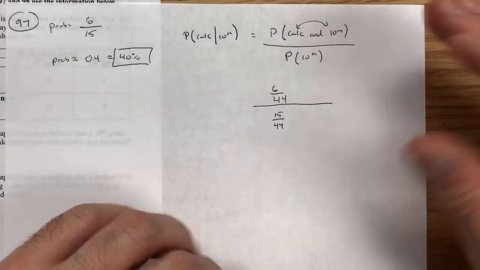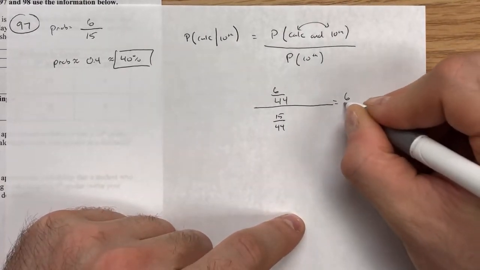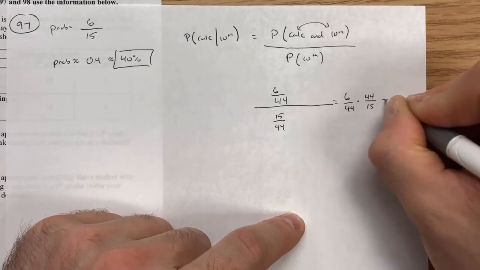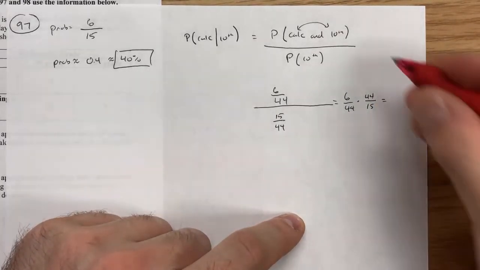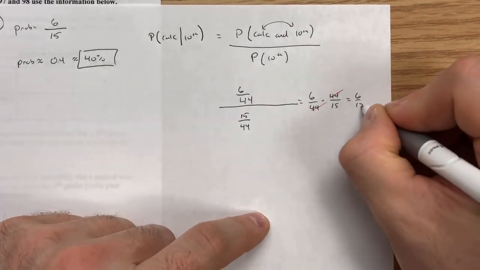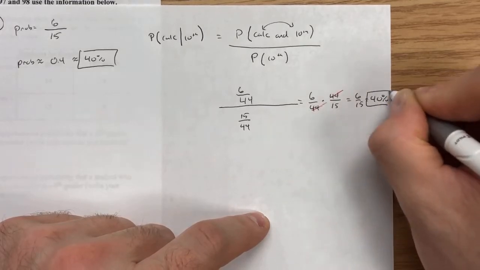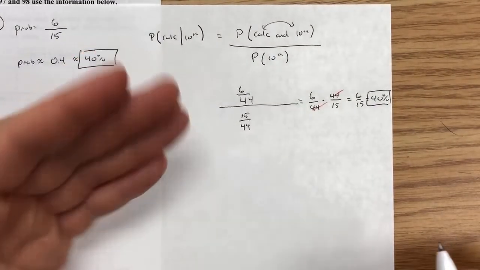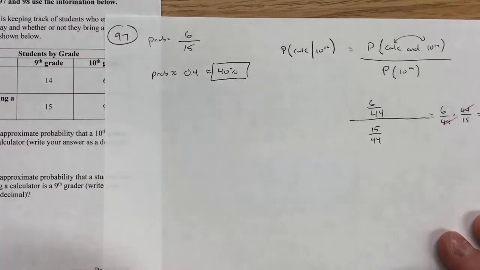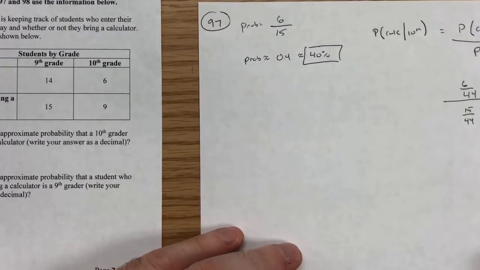If I were to work this equation, I know I'm going to keep, change, flip. This is equal to 6 over 44 times 44 over 15, which is, we know those 44s cancel out. We're left with 6 over 15, which is, again, 40%. Okay, so you could use a formula, or we could just use an intuitive approach right here. They both work out. So that is question 97.